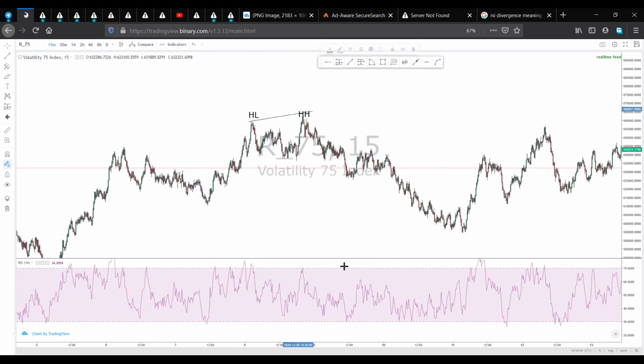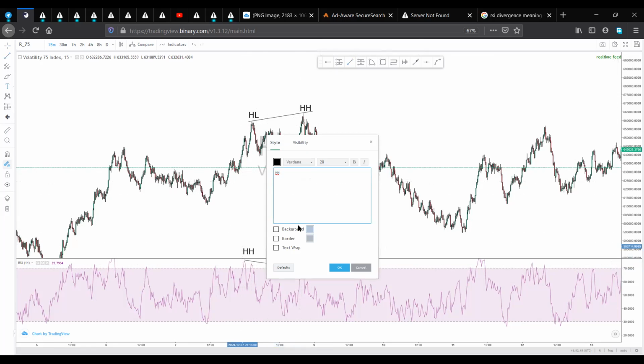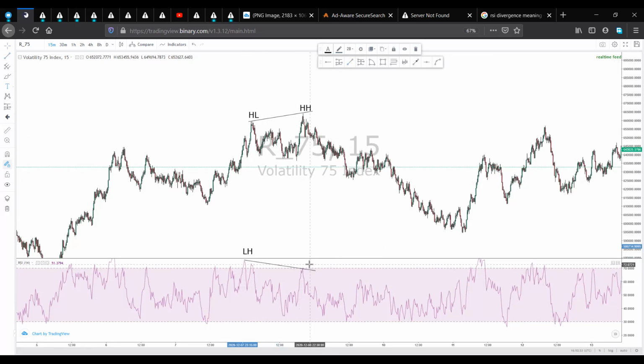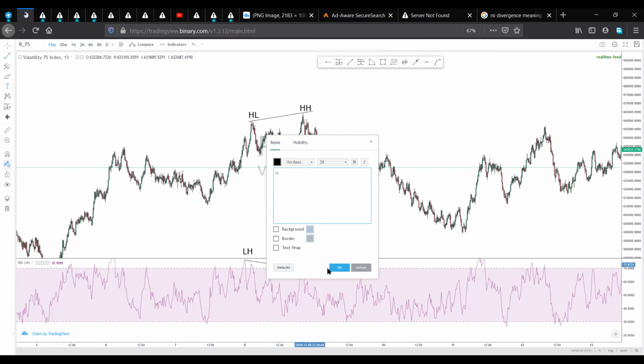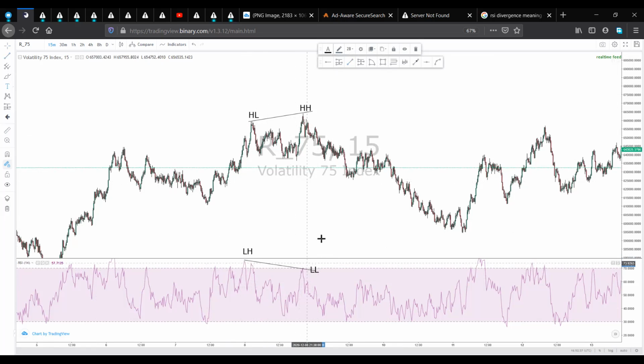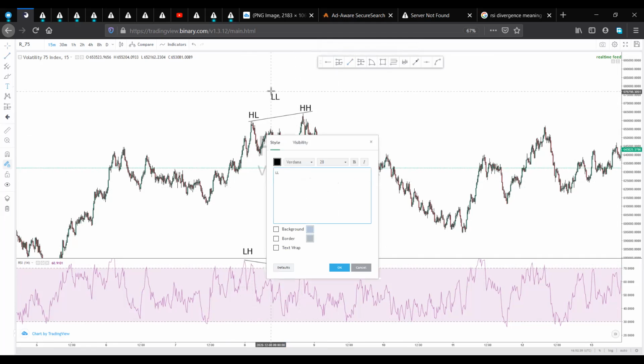Okay, you can see the price is making higher highs, higher lows, higher highs, but here on the divergence, the price is opposite. From here to here, the price is opposite. It's making lower highs and lower lows. So this is another sell divergence.